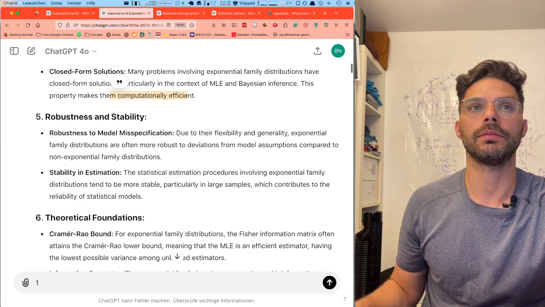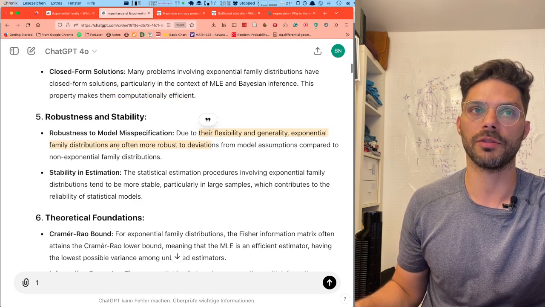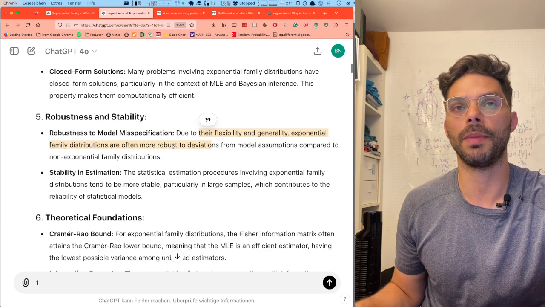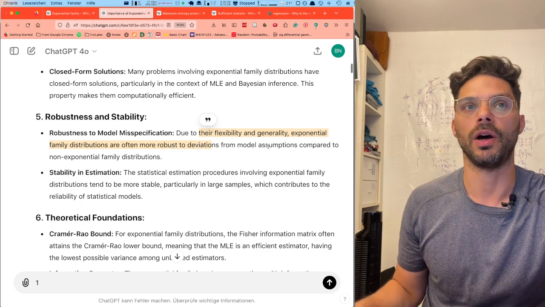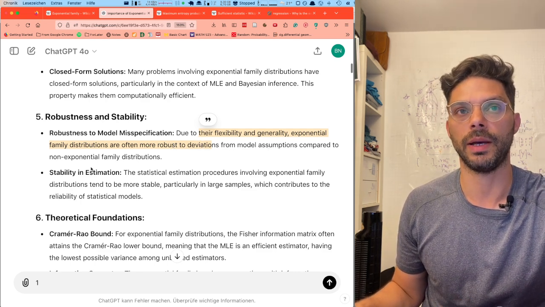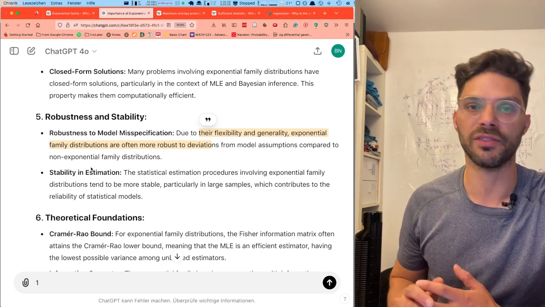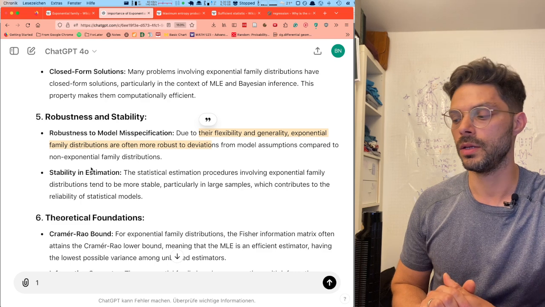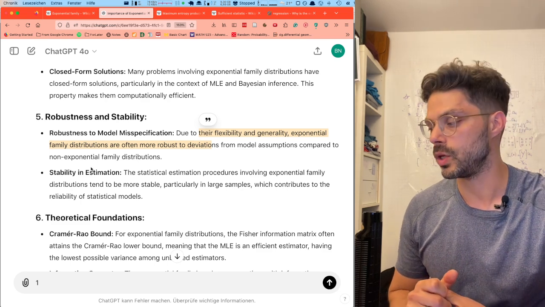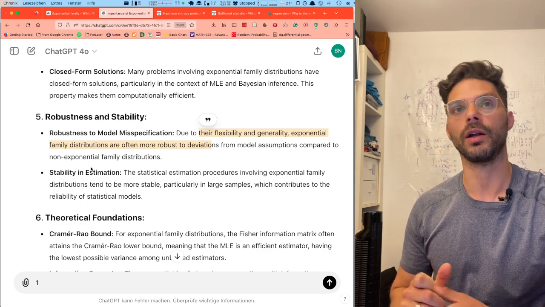Okay, so this is a cool one. Robustness to model misspecification. Due to their flexibility and generality, exponential family distributions are often more robust to deviations from model assumptions compared to non-exponential family distributions. Okay, I don't know if that's the case, but if it is, you will almost always have the wrong model for your data.